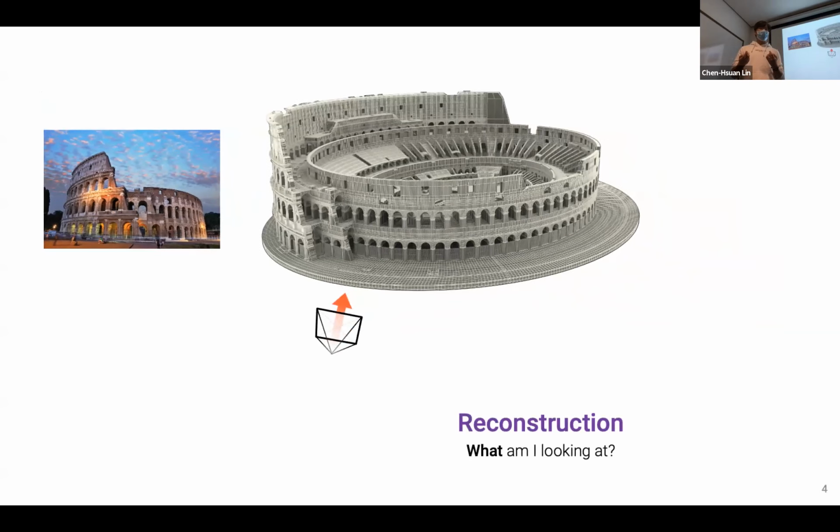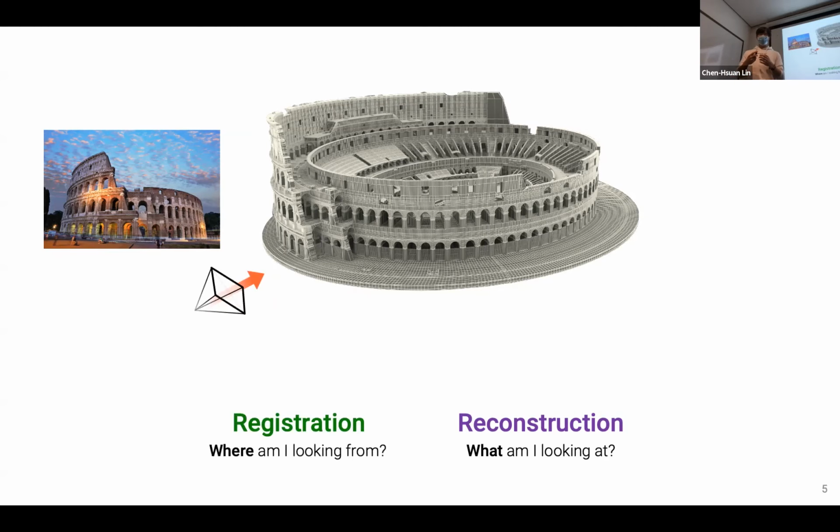The first problem is obviously reconstruction: how do we reconstruct these 3D geometric structures from this photograph? The other very important problem is registration, where we need to figure out how the images are aligned to the 3D reconstruction that we picture in our minds.